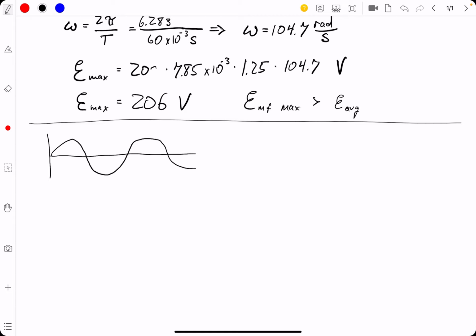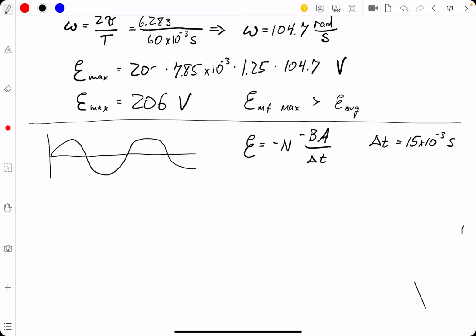And we wanted to know our EMF, and the EMF was equal to minus N times minus BA over delta T. And delta T is that same 15 times 10 to the minus 3 seconds.